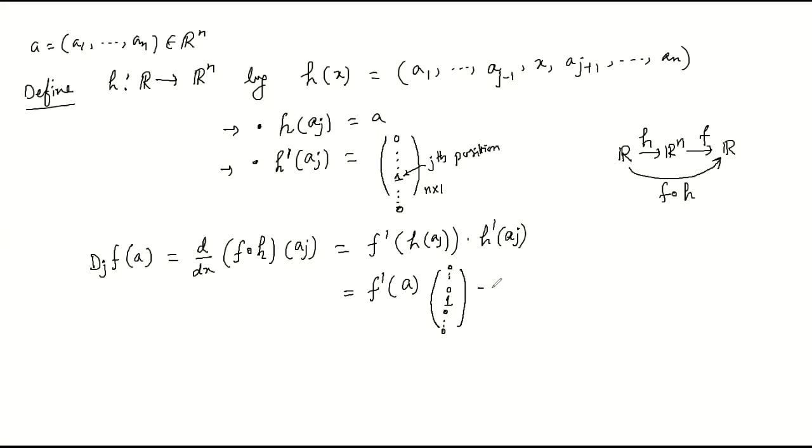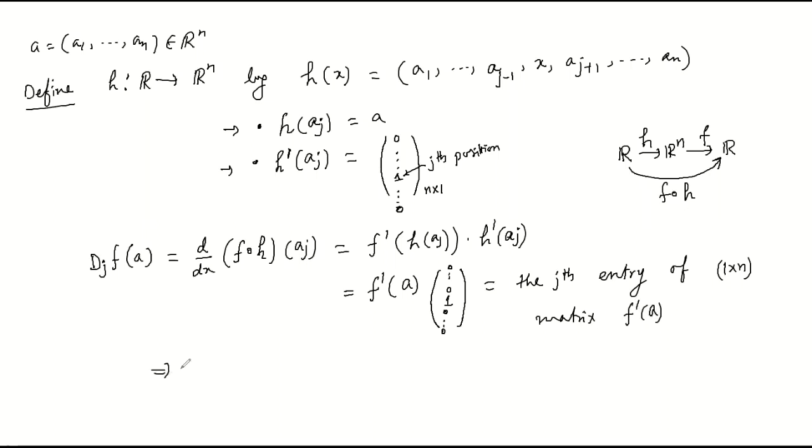So what is this? This is basically the jth entry, equal to the jth entry of the 1 cross n matrix f prime a.